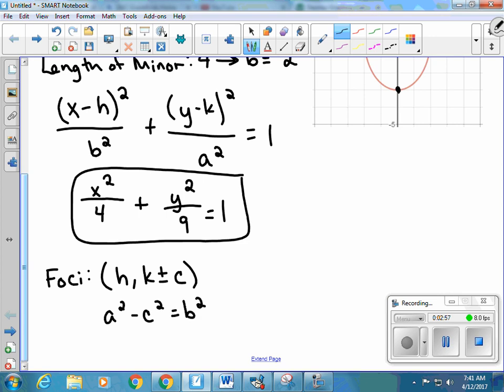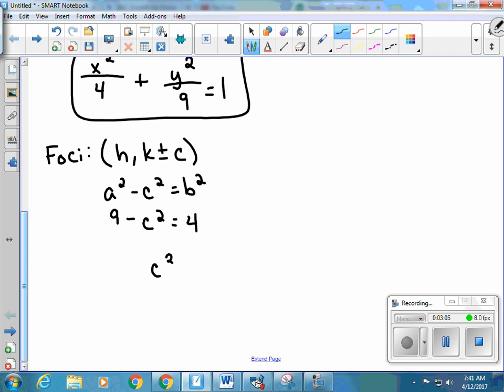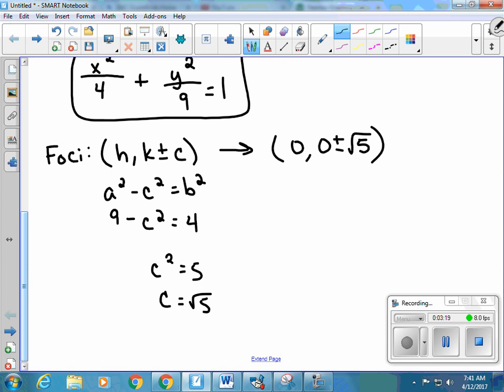A squared was 9, B squared was 4, so we know that C squared is 5. So C is the square root of 5. Our foci are then located at 0, 0 plus or minus the square root of 5. That would be other information you could find off of that.